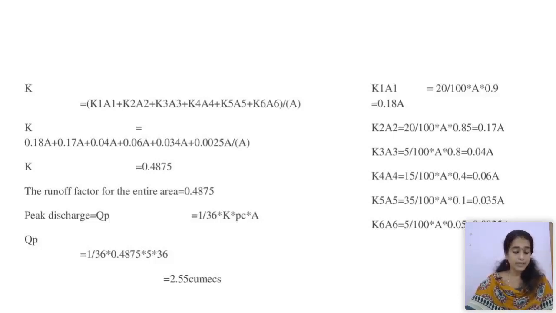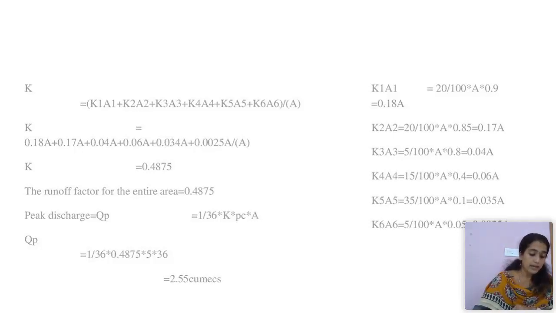So we can calculate K1A1. Likewise, K2A2, K3A3, K4A4, K5A5, then K6A6. This can be put in the first equation, and we get a value of runoff factor for the entire area as 0.4875.